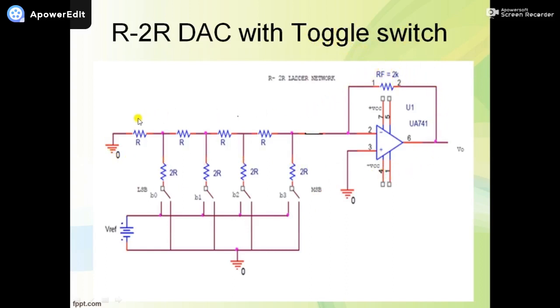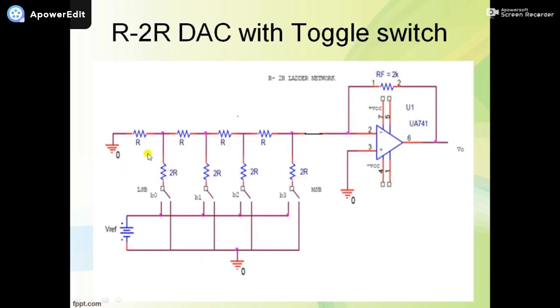This part of the circuit we are considering as an inverting amplifier, because pin number 3 is grounded, and the negative input of this 741 op-amp is connected to the next part of the circuit. In between input and output side we are using the feedback resistor. Then come to the second part of the circuit.